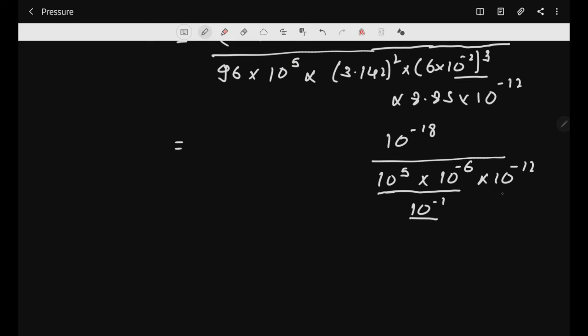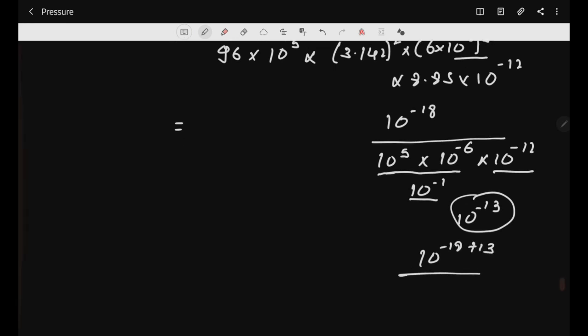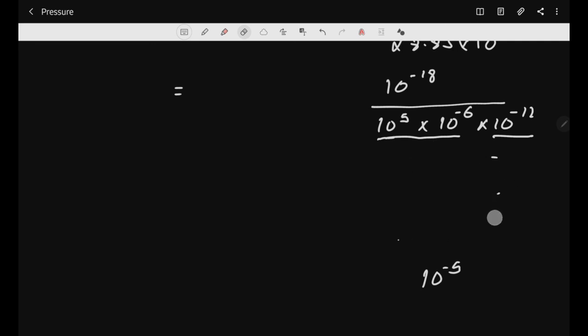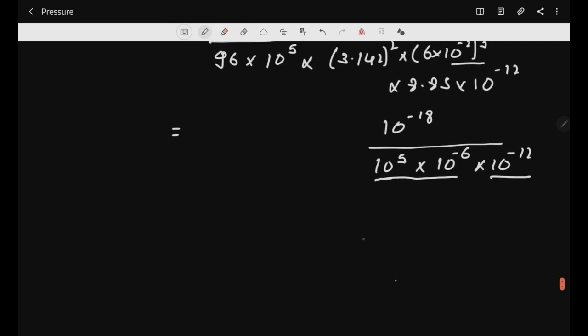So 10 raised to minus 1 into 10 raised to minus 12, the total that we are going to get is 10 raised to minus 13. So in the numerator we will have 10 raised to minus 18 plus 13, that will give us 10 raised to minus 5. So the simplification of the power will result in 10 raised to minus 5.